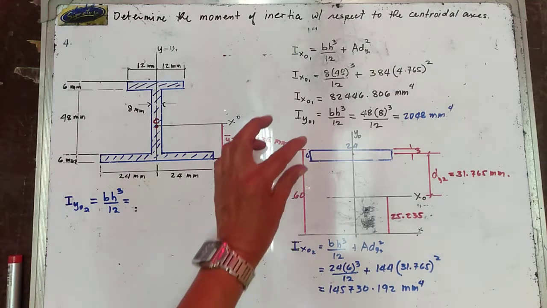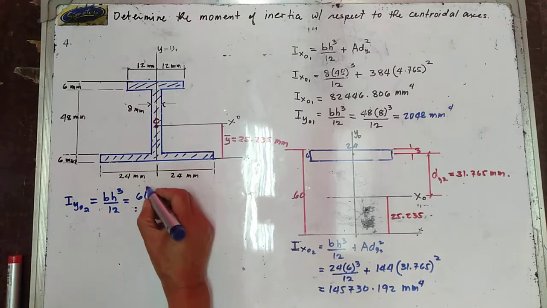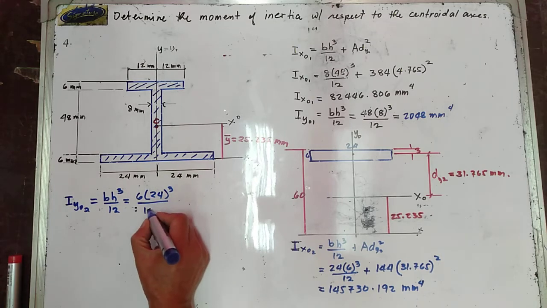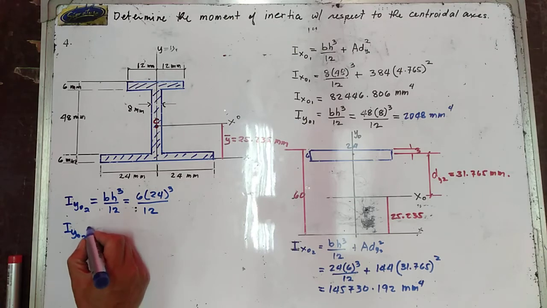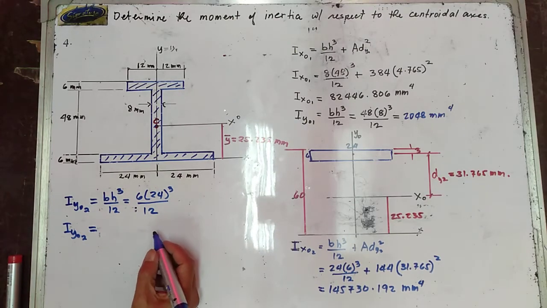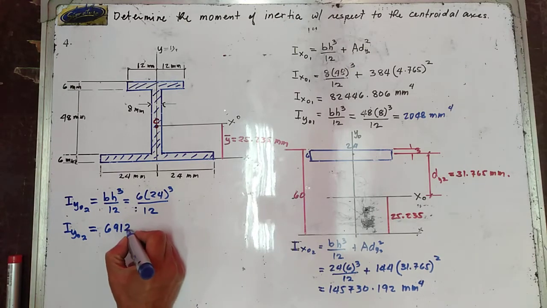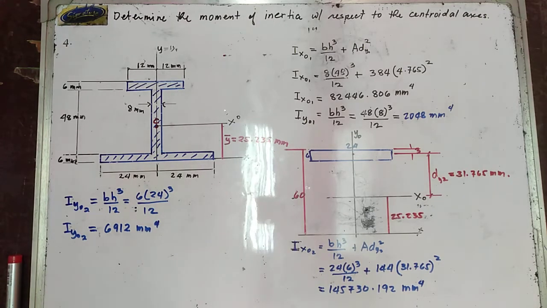So again, your b in here is equal to 6, your h is equal to 24 cubed all over 12. So that your IY2 is now equal to 6912 millimeter raised to the fourth. Let us now proceed to the next area.